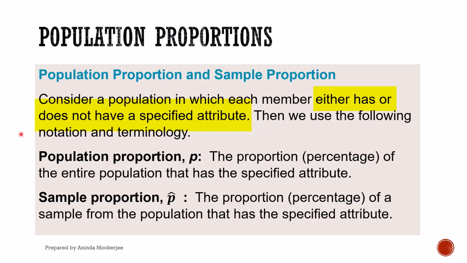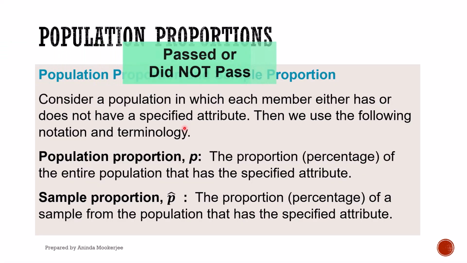Then we use the following notation and terminology. So remember, I gave you the example of a specified attribute being whether a certain student has passed the statistics 2 course or hasn't passed a statistics 2 course.